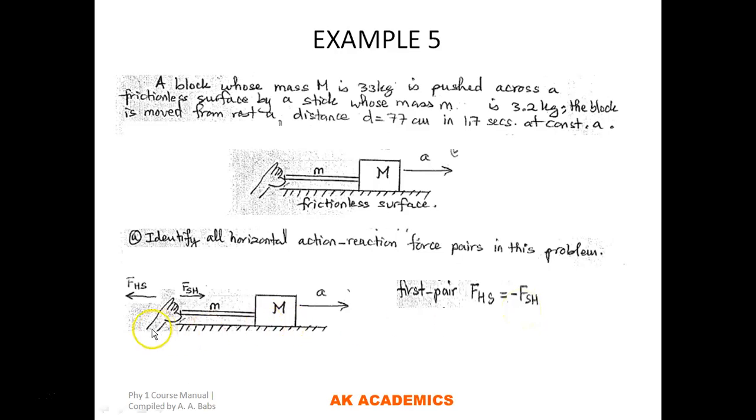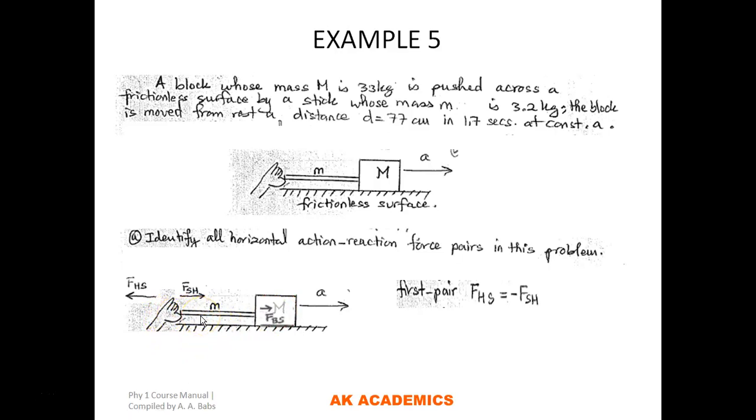Now that we have the hand pushing the stick, we know the motion doesn't stop there. The stick is also attached to a mass, and the stick is pushing the mass as the hand pushes the stick. So we want to identify what is happening between the stick and the mass, just as we identified what is happening between the hand and the stick.